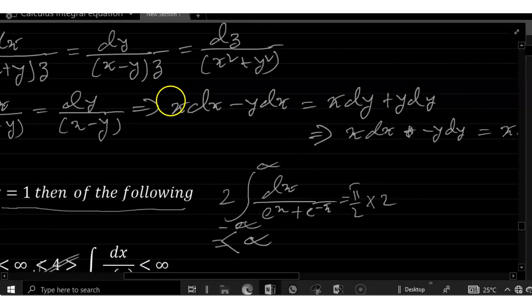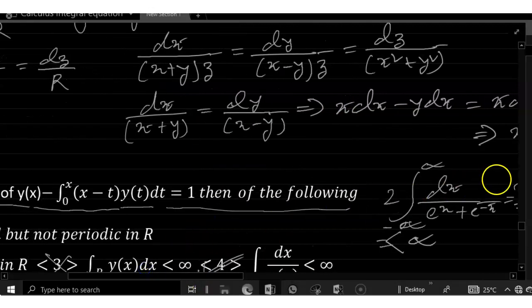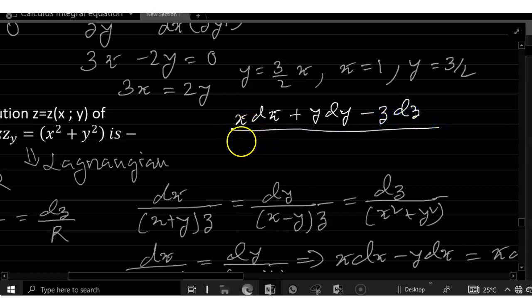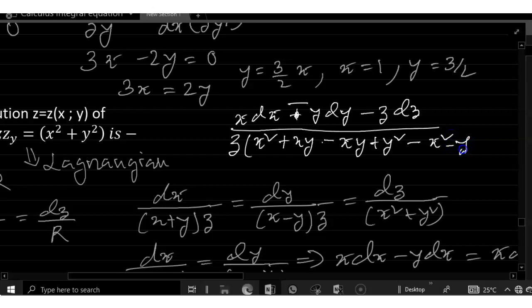Now again I want to solve this problem this way, that x dx plus y dy minus z dz equals to z into (x squared plus xy minus xy plus y squared minus x squared minus y squared).